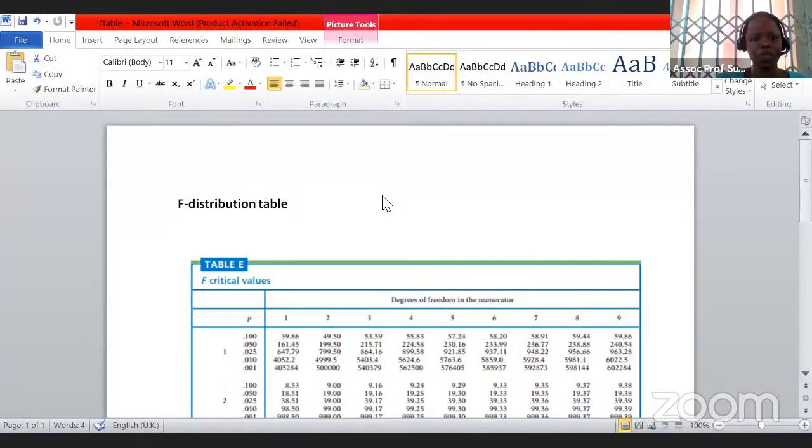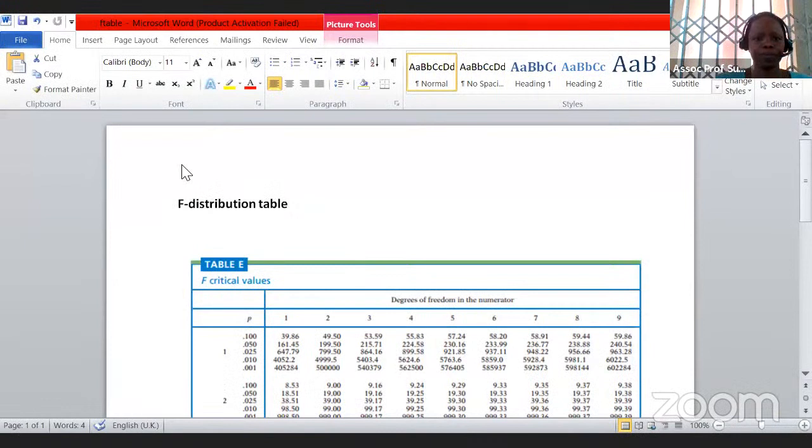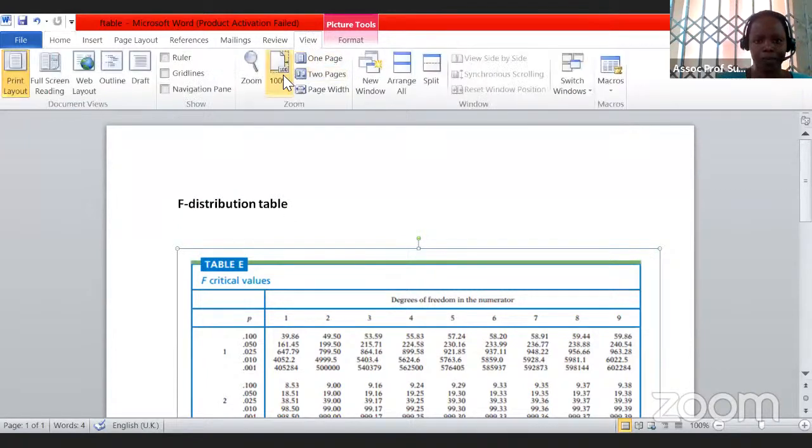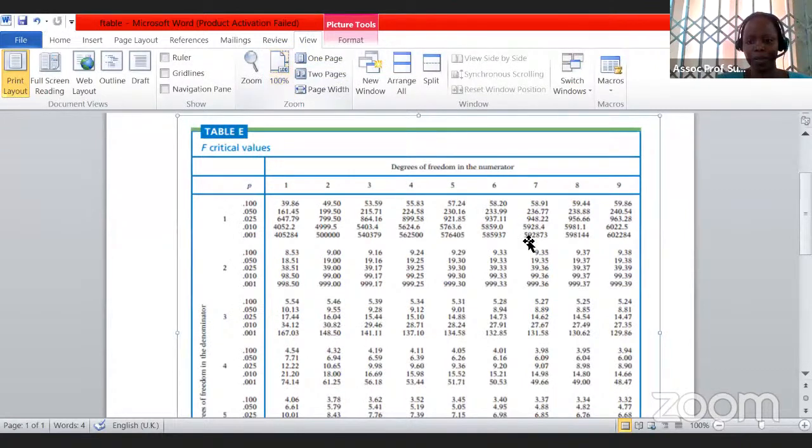This is an F distribution table. Hopefully it is clear. Let me make it more visible. Hey, what is happening? Okay.